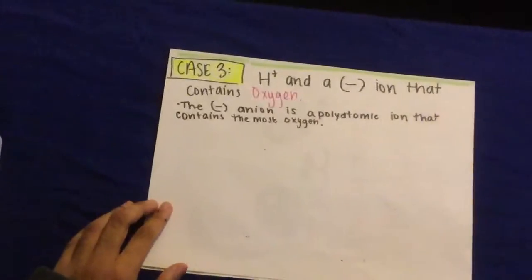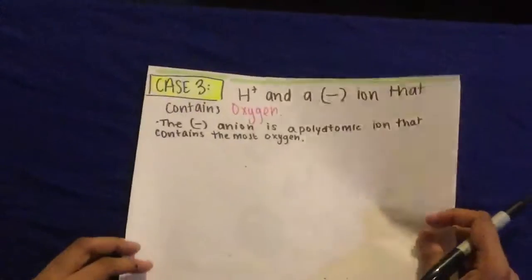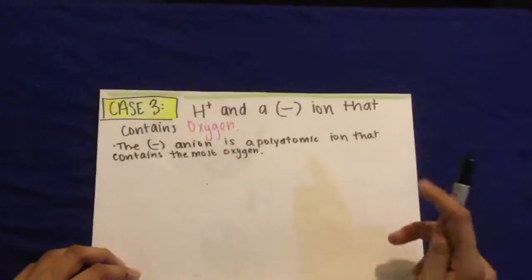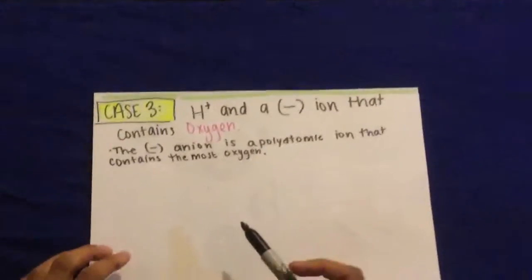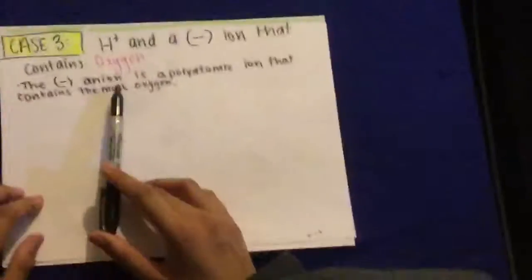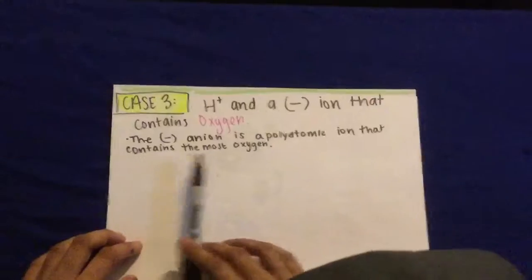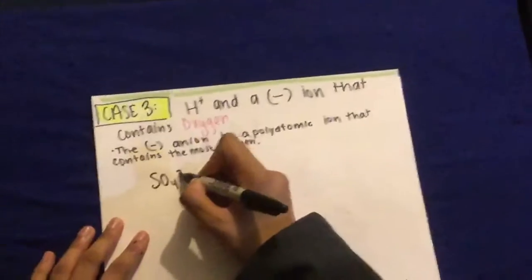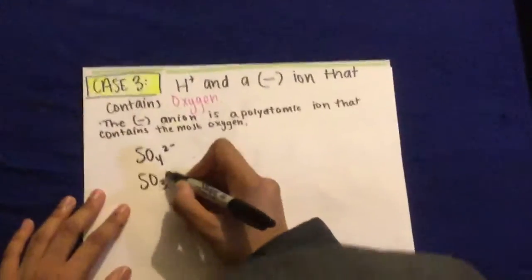Now let's move on to case number 3, where you have H plus ion and a negative ion, or a polyatomic ion that contains oxygen. The negative anion is a polyatomic ion that contains the most oxygen. So I'm going to continue with the example that I gave about sulfate and sulfite.